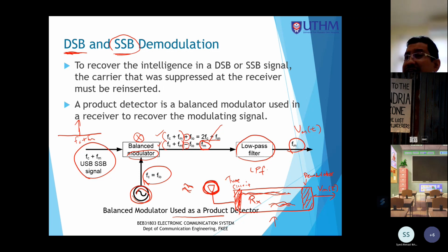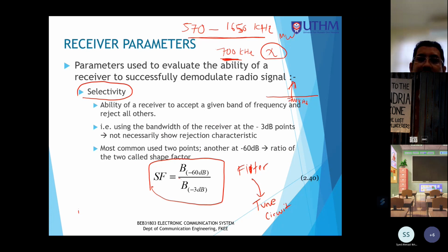Macam-macam signal dia terima, dia sapu semua. But kita tak nak semua tu sebenarnya, saya nak dengar satu radio saja. Remember that this antenna can absorb a lot of signals. Okay, katalah antena ini dia boleh sedut semua sekali daripada 570 sampai 1650. But I don't want to listen to all of this.